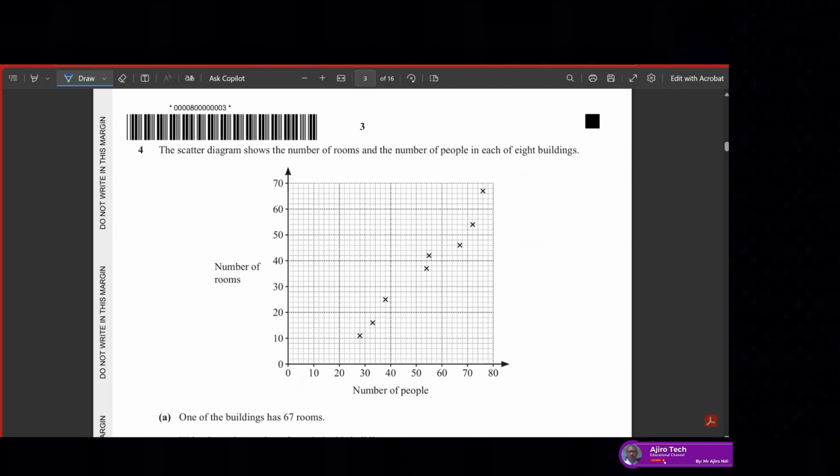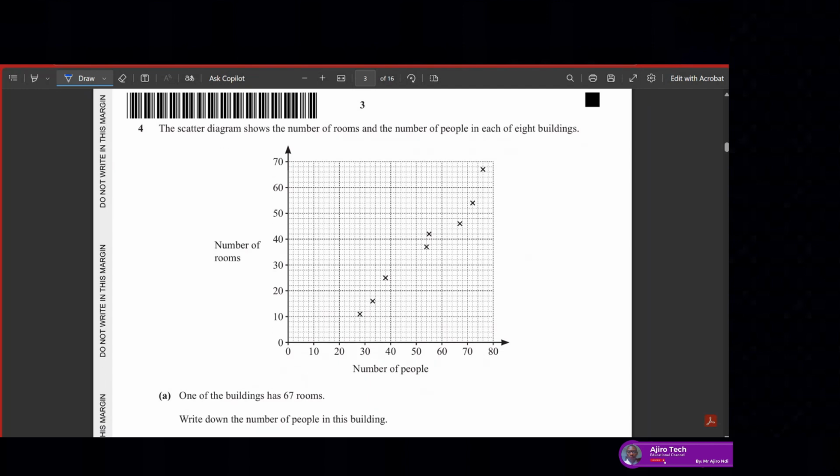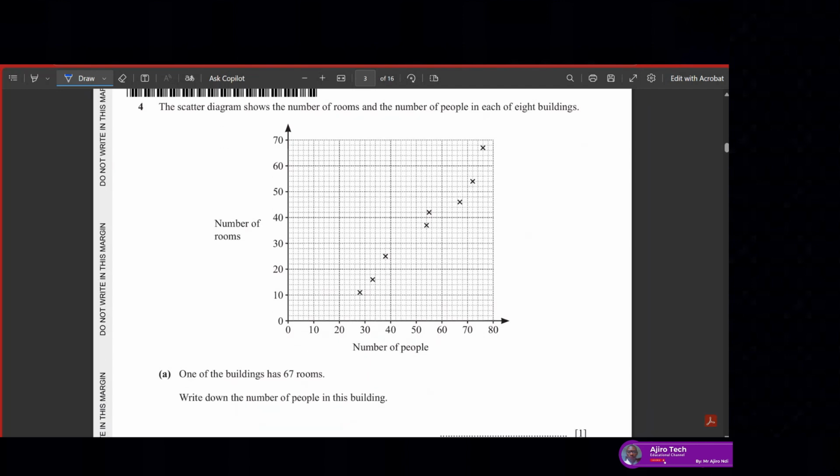There's no relationship between these two things. So that's no correlation. But if there's a correlation, it's either we have a positive or a negative correlation. Is that understood? Yes.